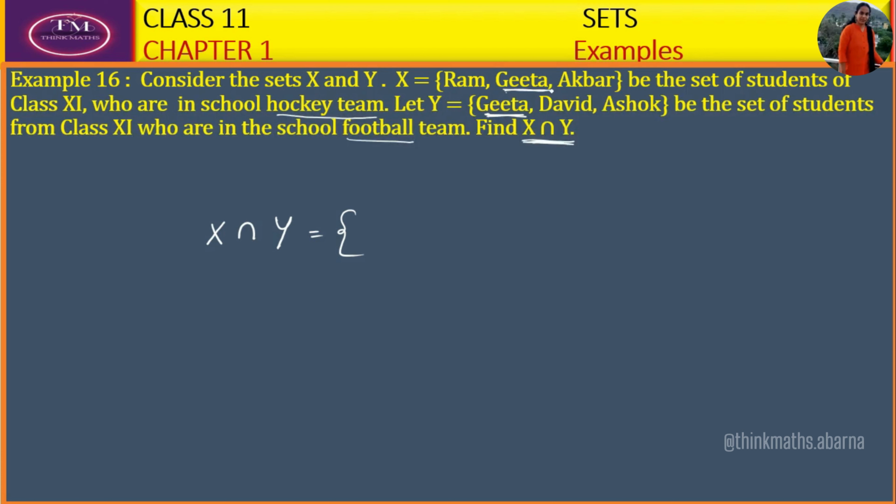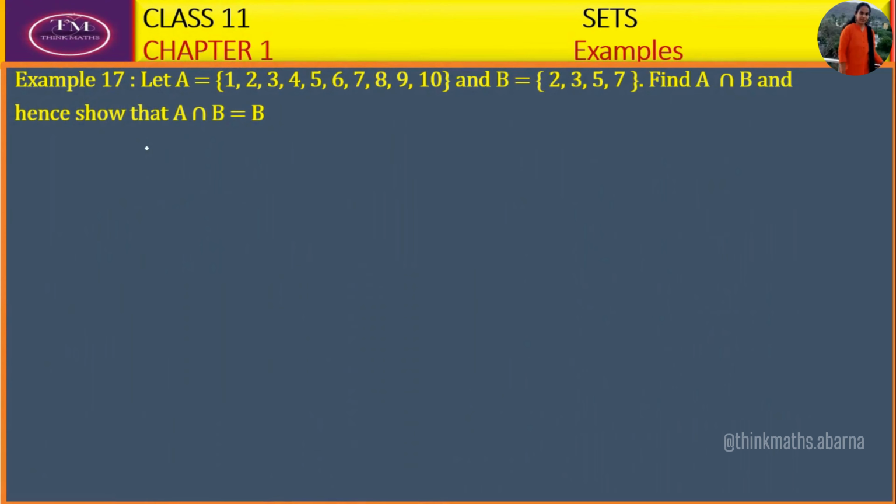So this is the common element for both X and Y. So X intersection Y is Geeta. Only the common element should be written inside the set. Okay. So X intersection Y is nothing but the set of Geeta. Geeta is in both the school hockey team and the school football team. Okay, children. So moving on to the next example, example 17.